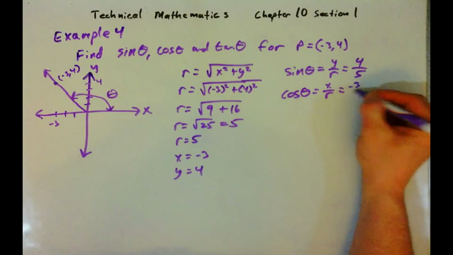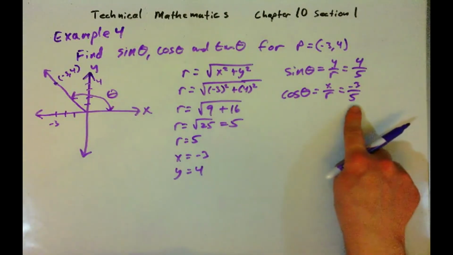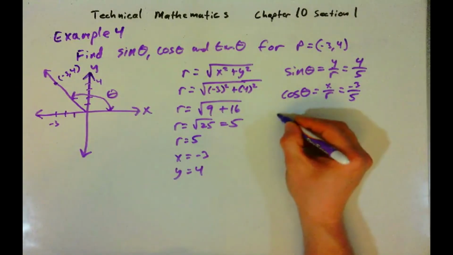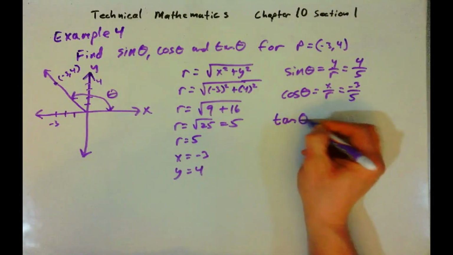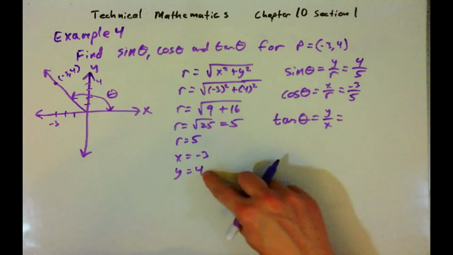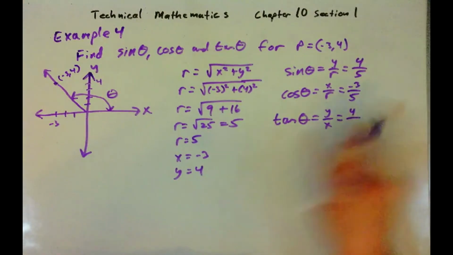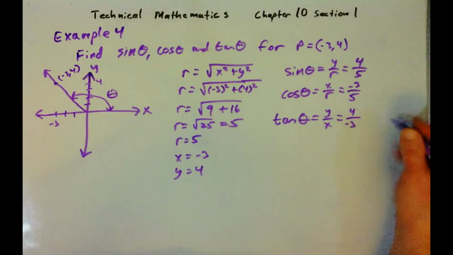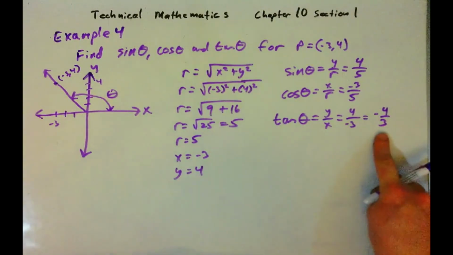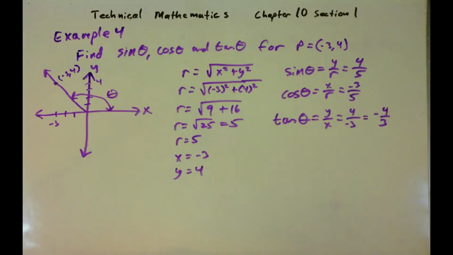X is negative 3. R is 5. And so whatever angle theta is, the cosine will be negative 3/5. And finally the tangent of theta, which will be y over x. Y is 4. X is negative 3. And so usually we like to have the negative in the numerator rather than the denominator. The tangent of this angle will be negative 4 over 3.